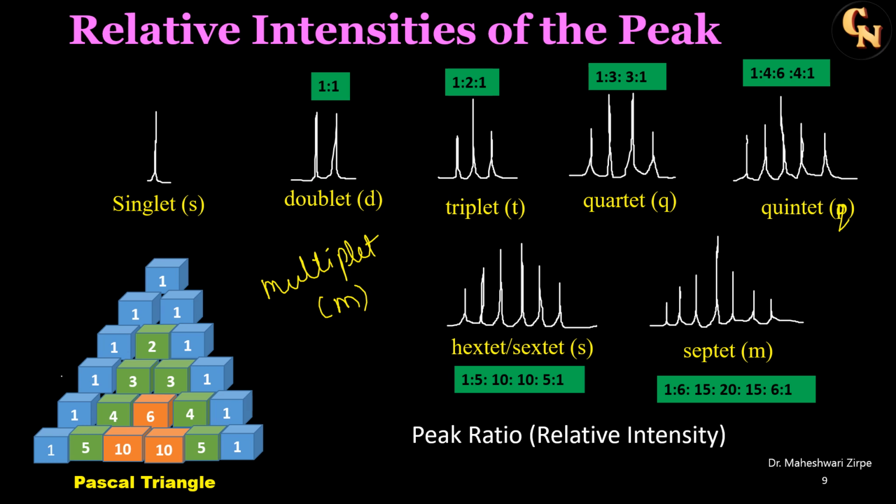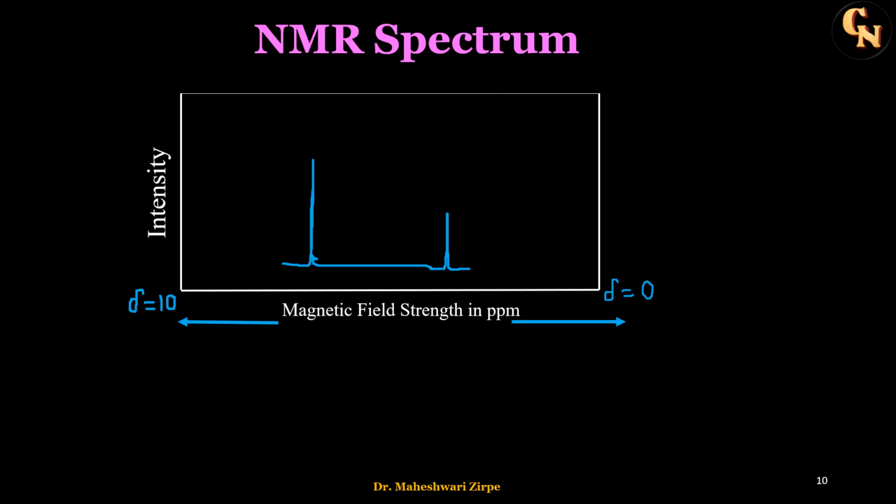So even for hextet you can write m, like I have written here for septet, because m indicates multiplet, more than 4 peaks. So in septet, as we have seen, 1:6:15:20:15:6:1. The peak intensity will go on rising in this fashion. Okay, so that is about the intensity of peaks.